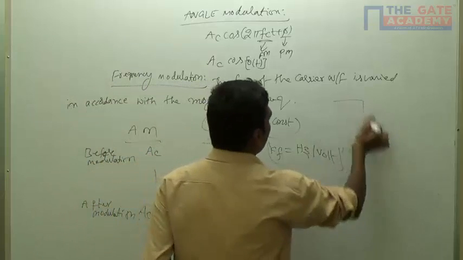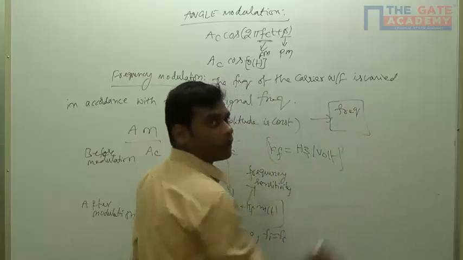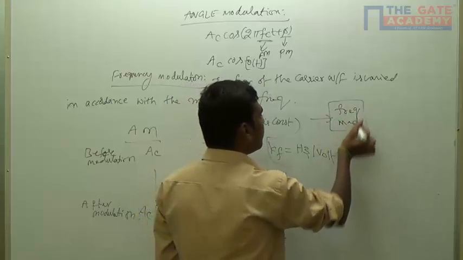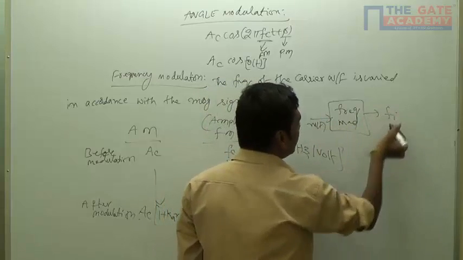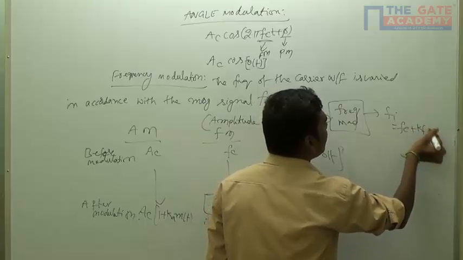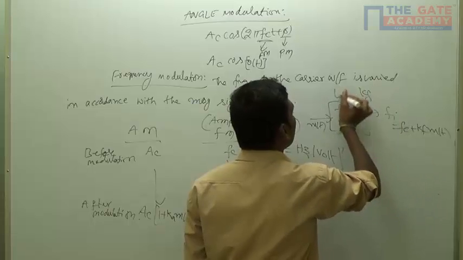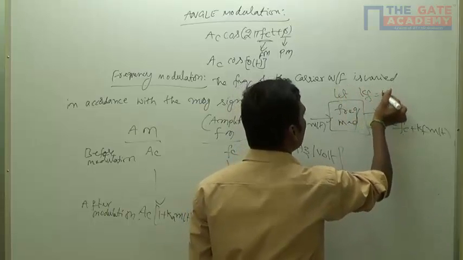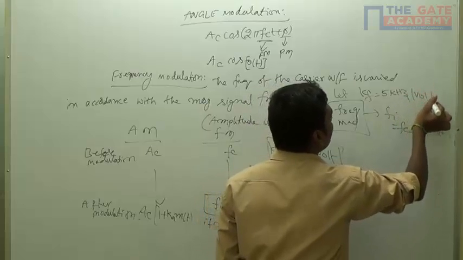Now take a frequency modulator, where the message signal m of t is the input and we get fi as output. You know fi is equal to fc plus Kf m of t. Let us consider Kf equal to 5 kilohertz per volt.